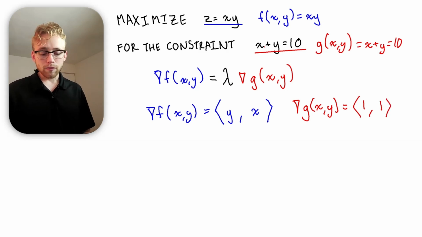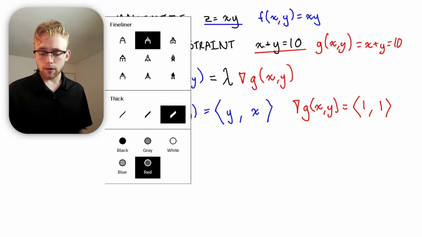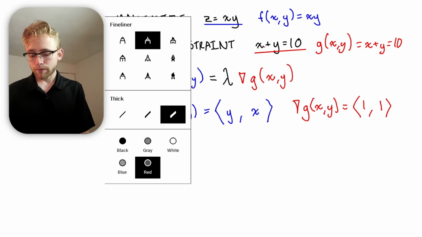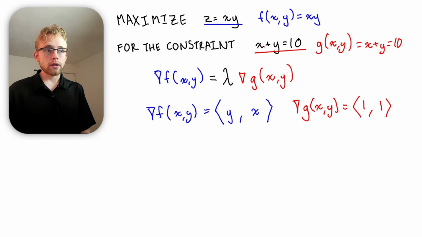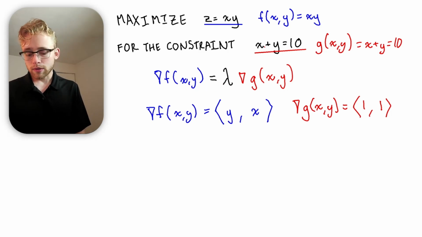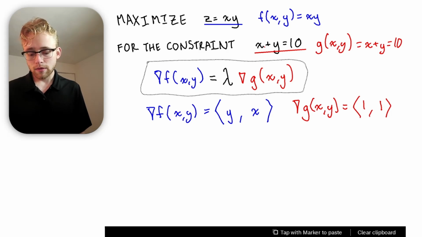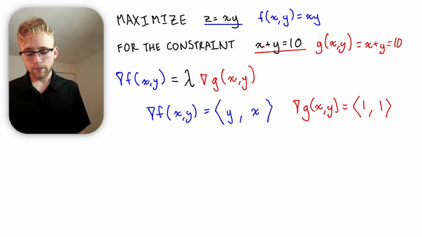All right, so now we have our two different gradient functions, but what do we do with them? Well, we take them and we make a system of equations. If we look at our equation above, we can rewrite this now that we have our vectors.